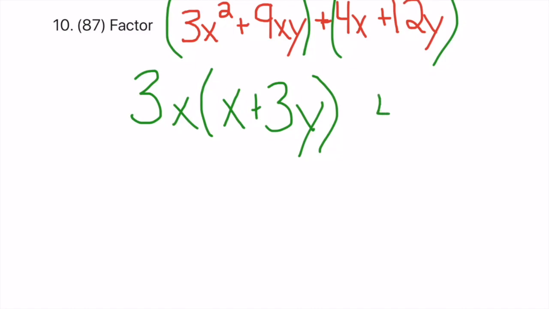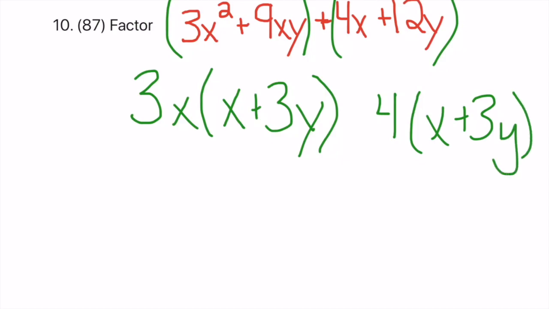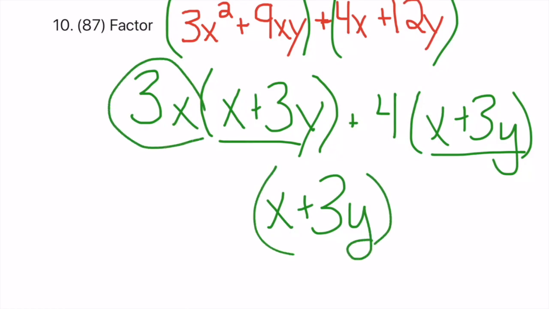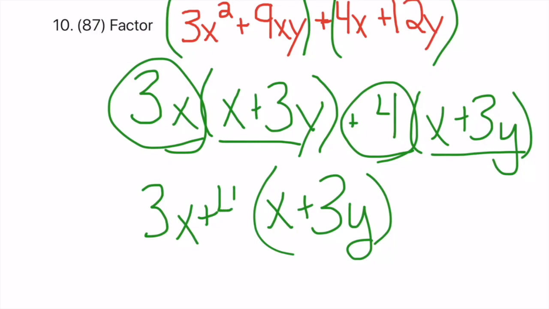We could pull out a 4, and we'd be left with x plus 3y. Notice that these are exactly the same, and that's perfect. That's what we want it to be, because one of our binomials is going to be x plus 3y, and the other one is going to be what we pulled out. So the 3x and then that positive 4. So 3x plus 4. And that's it.